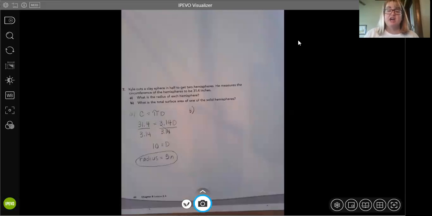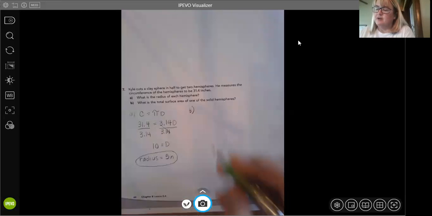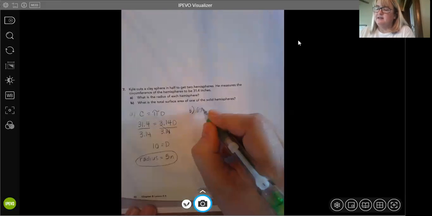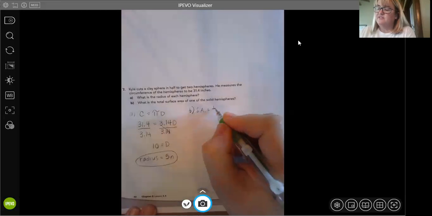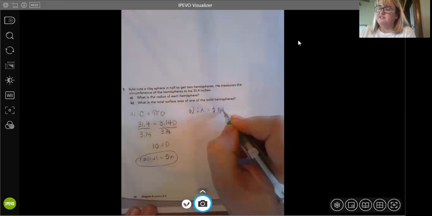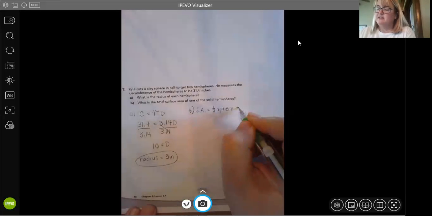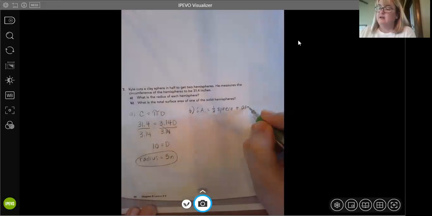So we've got to find the area of half of a sphere and the area of the circular base. Okay, so the surface area, I'm just going to write down what we just said, is half the surface area of the sphere, plus the area of the circle base.